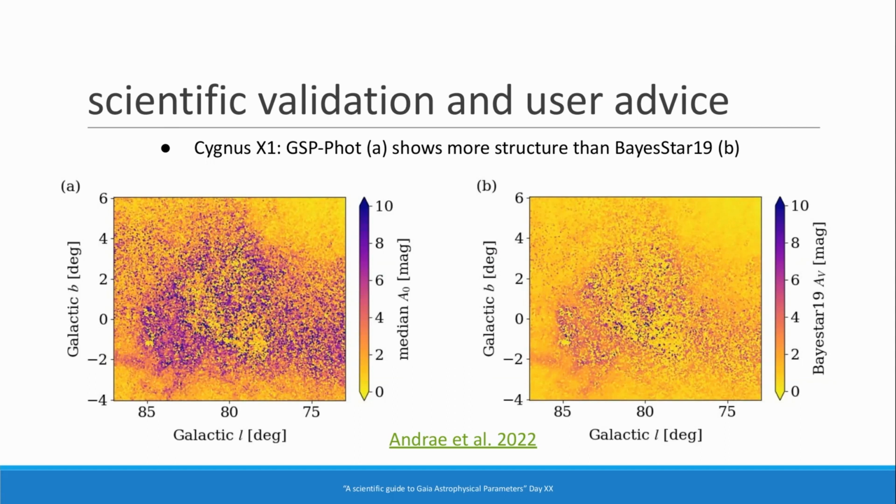So in that sense, because of this averaging process, it can wash out higher peaks. So to some extent, the fact that GSPPhot has higher peaks than Bayestar19 is partially due to GSPPhot extinction sometimes being spuriously high, but it's also due to Bayestar19 sometimes underestimating extinctions when you have very short scale, high peak extinctions.